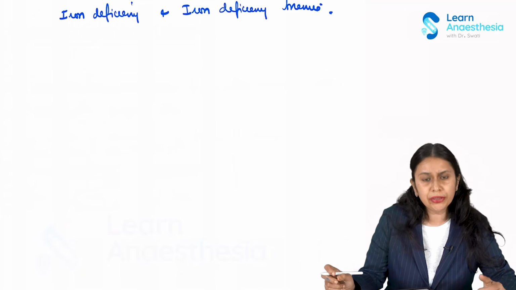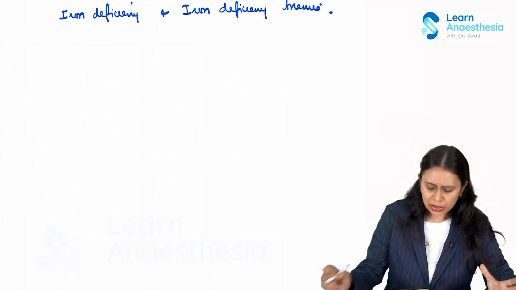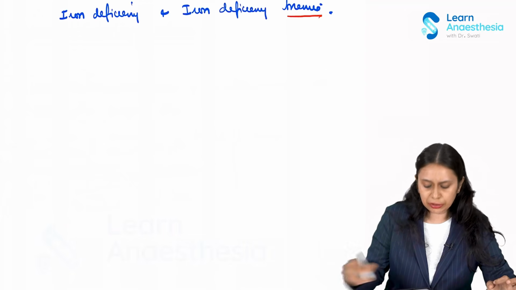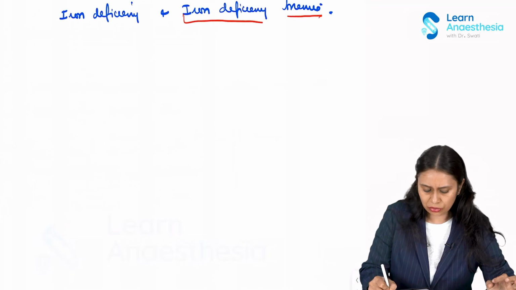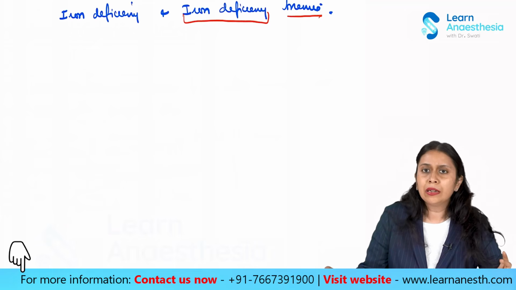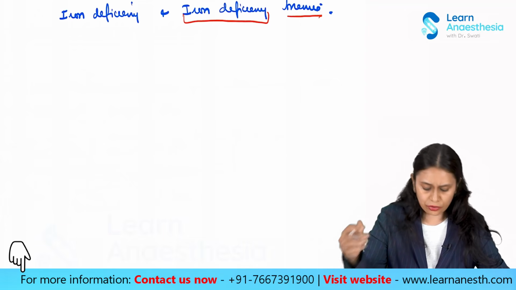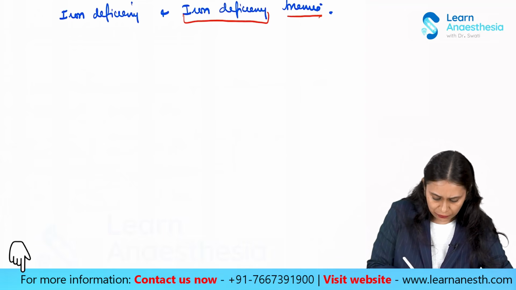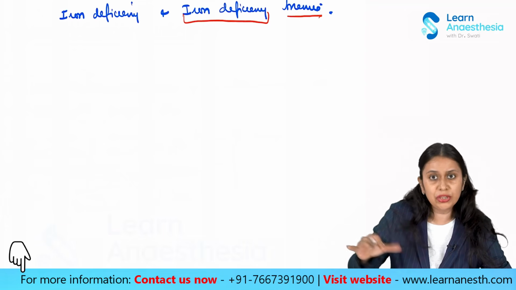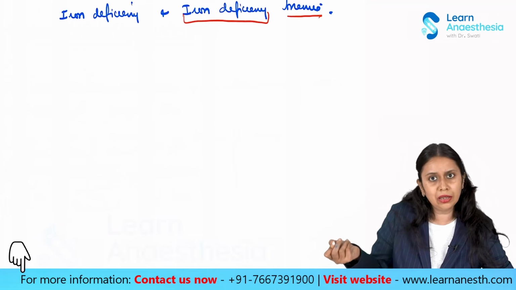But urgent surgery cannot be postponed. Now, management of iron deficiency anemia is to replete the iron store of the patient, and ample time should be given for the repletion of their iron store. So, transfusion is not the treatment of iron deficiency anemia. It is repletion of the iron store.